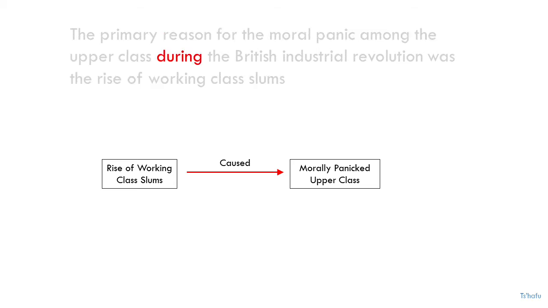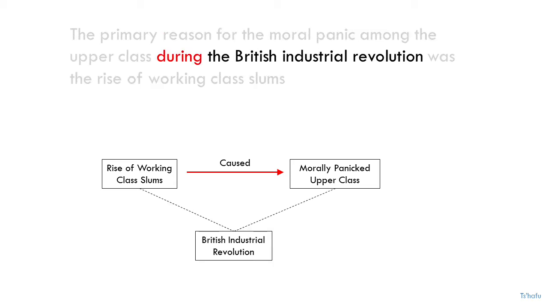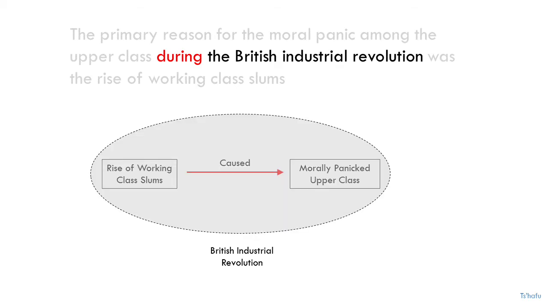Now the second relationship here, during, is a membership relationship. That means that both the rise of the working class slums and it causing the morally panicked upper class are all happening during the British Industrial Revolution. And as such, this is a membership. So what we're going to do here is say, okay, we both know that the British Industrial Revolution serves as the context.